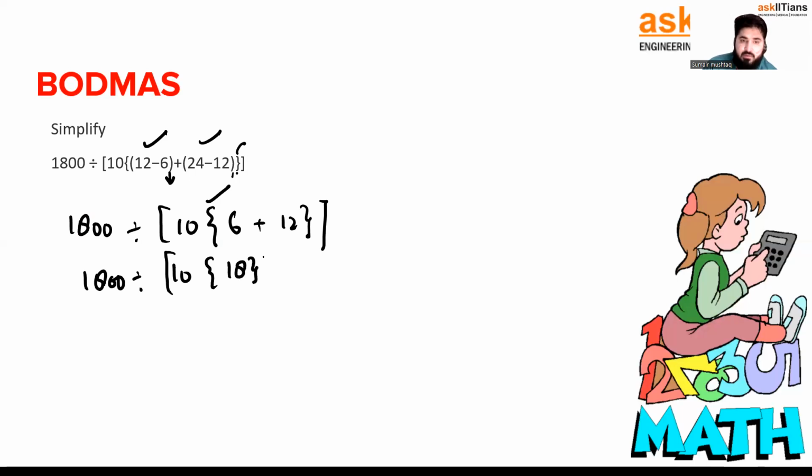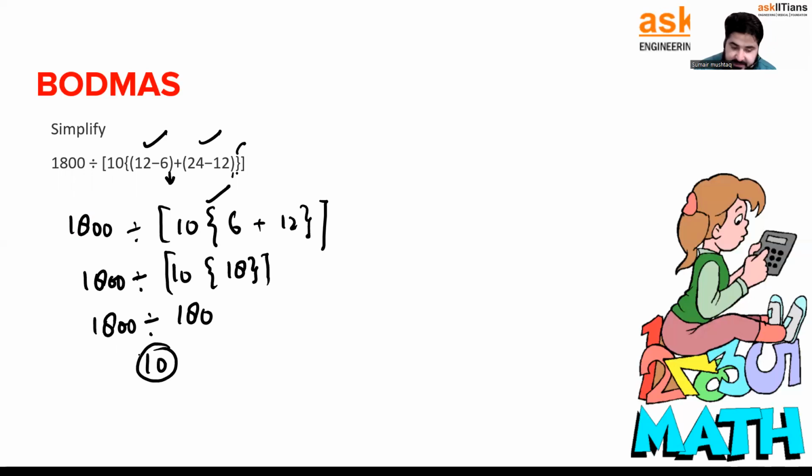Okay. Now, here the multiplication goes. Now, you might be a little bit confused here. Sir, there is a division. First of all, you need to perform division. No. First of all, you need to take the brackets off. So this is 180. Fine. After solving this, this is 10. This will be the answer.